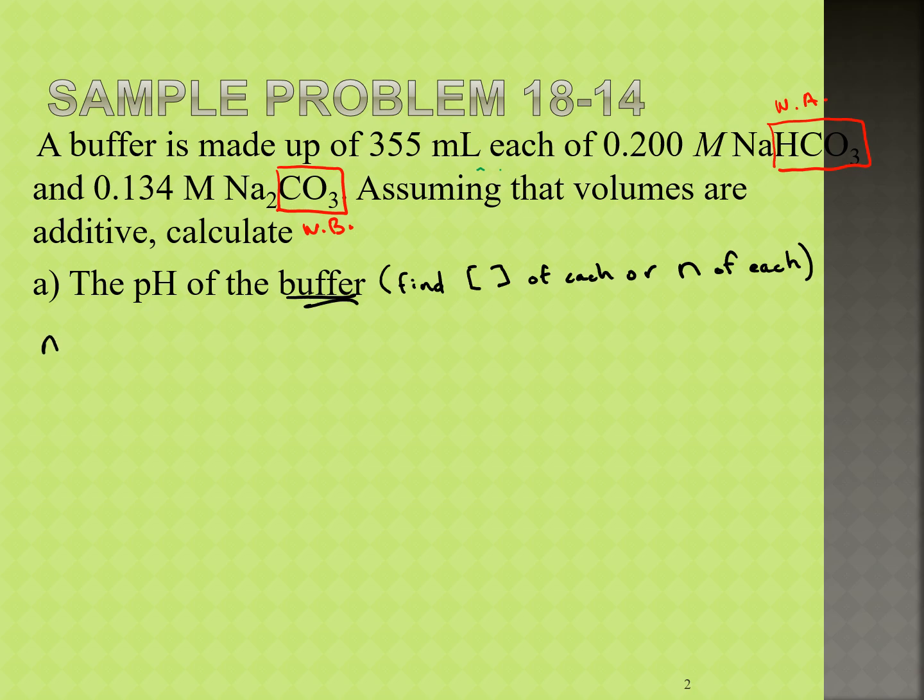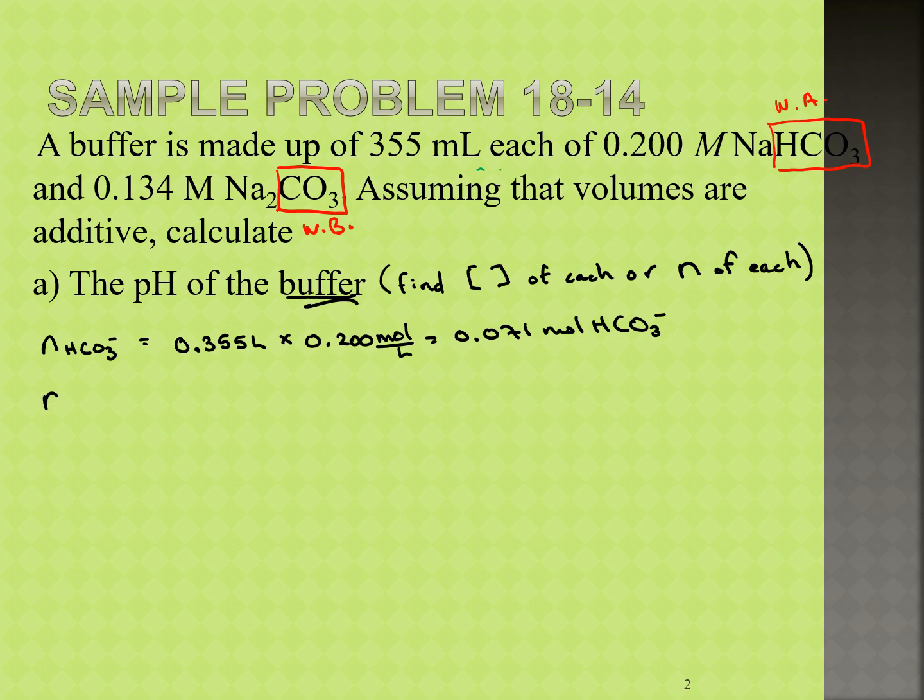So the number of moles of my HCO3 minus is going to be 0.355 liters, and it is 0.2 molar. So we end up with 0.071 moles of the weak acid part.